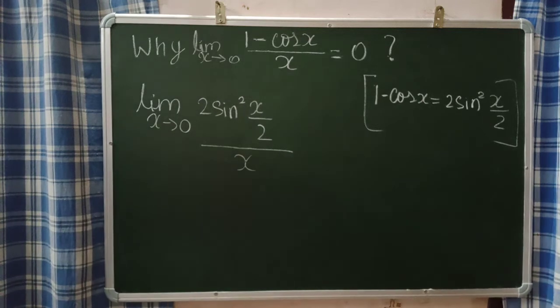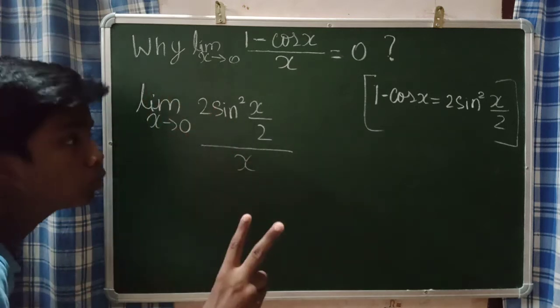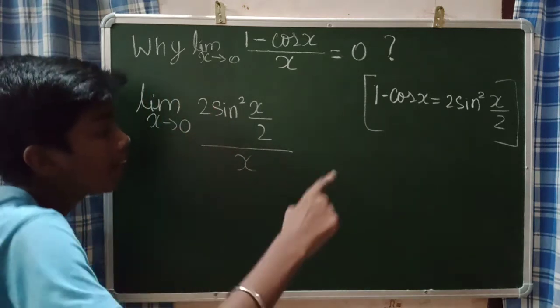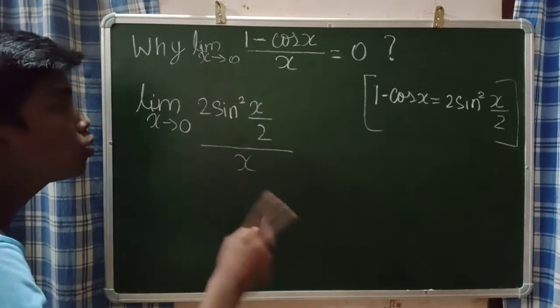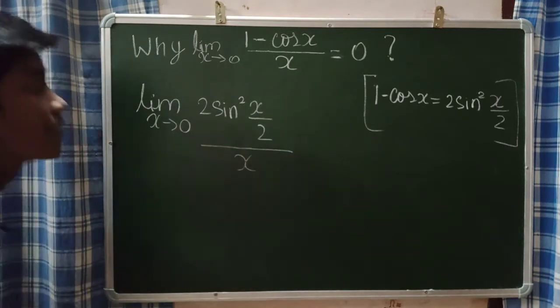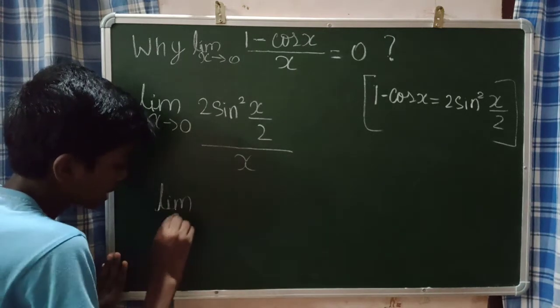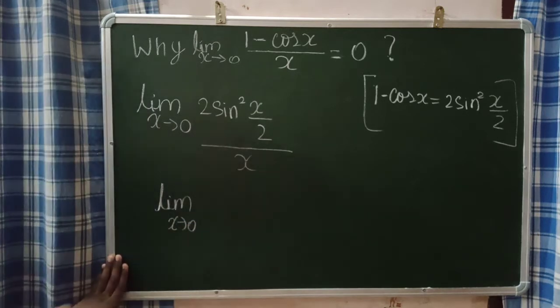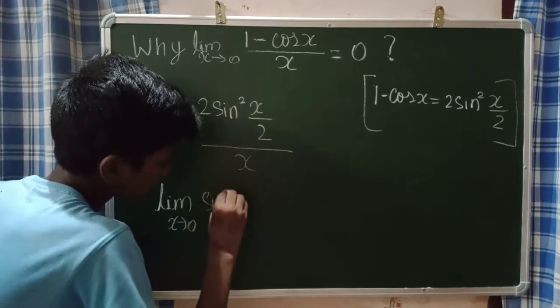Now the next step is to divide by 2 on both numerator and denominator. When you divide 2 on the numerator, you get sine square x by 2.